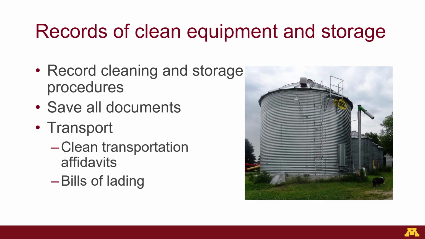All cleaning and storage procedures should be recorded. You should save all records of your own activities as well as documents provided by custom operators. For transport of your grain, affidavits and bills of lading should document that your crop was loaded into clean wagons, trailers, or other transport units. Make sure to keep copies of your records.